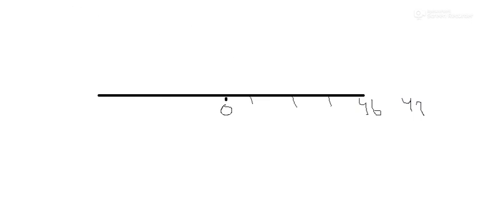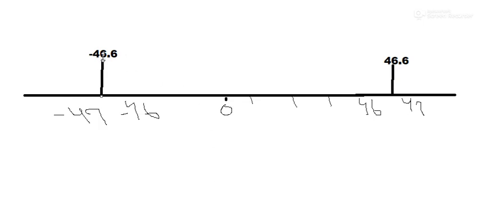Now 46.6 lies between 46 and 47. The ceiling value of 46.6 is 47 and the floor value of 46.6 is 46, and -46.6 lies between -47 and -46. So the ceiling value for -46.6 is -46 and the floor value of -46.6 is -47.